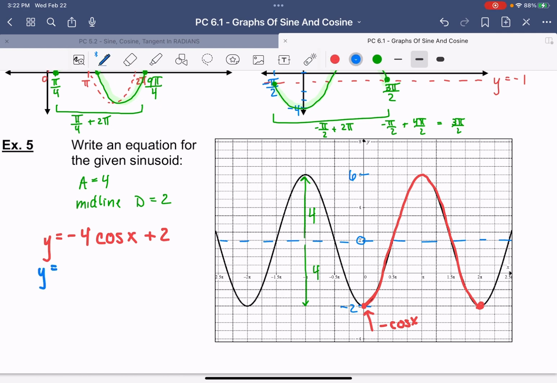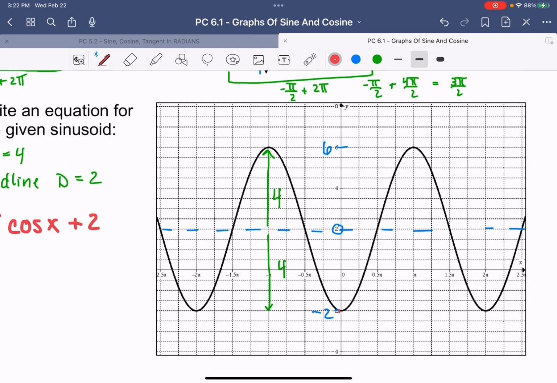So remember what we're writing this off of: a cosine of b times x minus c, plus d. We're not dealing with B right now, it's always 1. So we've got that written there. Now let's say I did not want to use this piece. Let's say I wanted a sine curve.